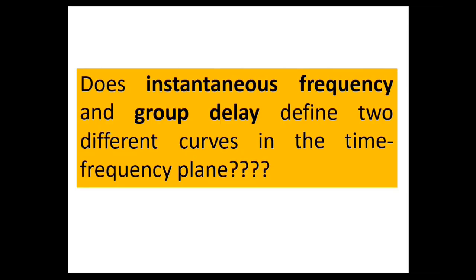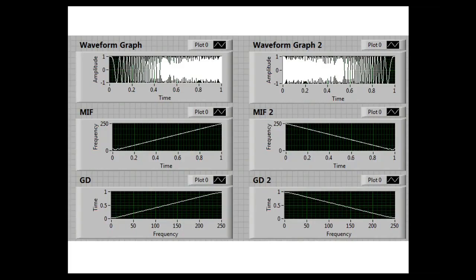Now, do the instantaneous frequency and the group delay define two different curves in the time frequency plane? This is one of the important parameters. If you see our previous graph over here, I have added the group delays. In the mean instantaneous frequency, our dependent variable was frequency. However, in the group delay, our dependent variable has become time, right? And vice versa.